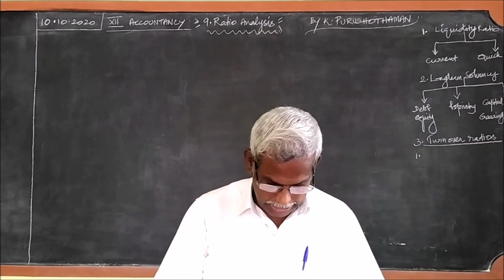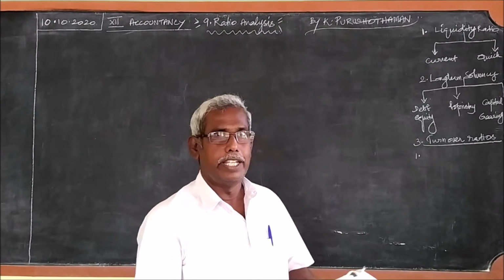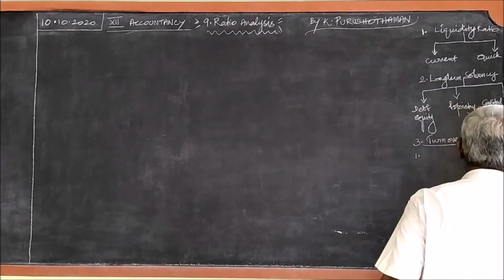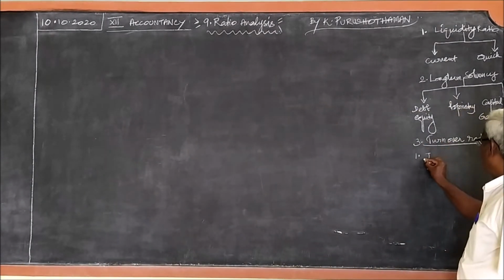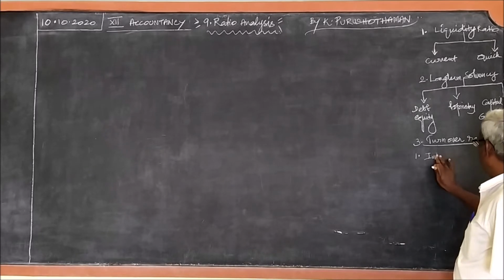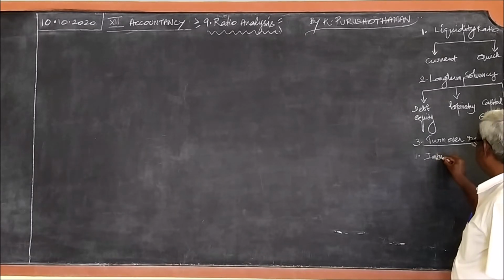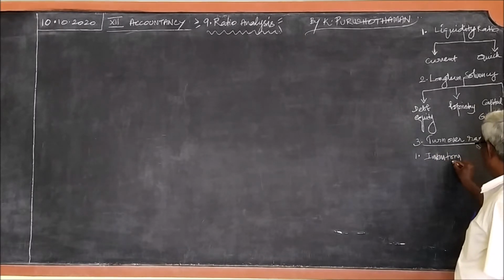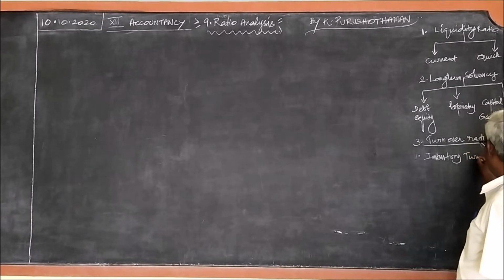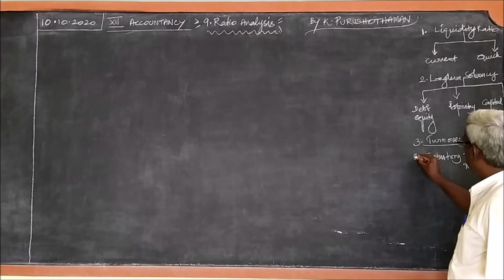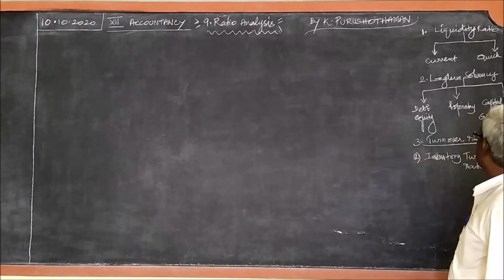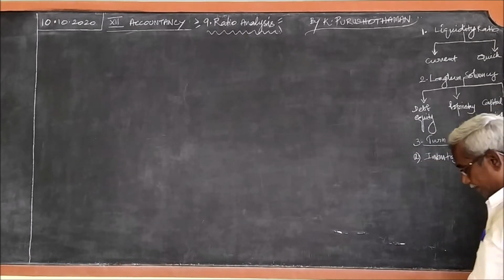The first one is inventory turnover ratio. This is the first type under turnover ratios.